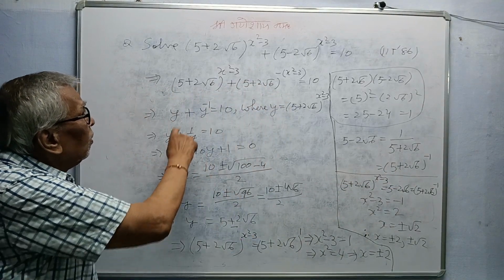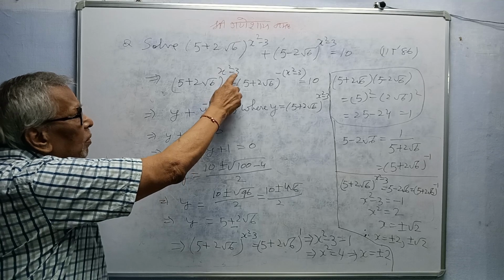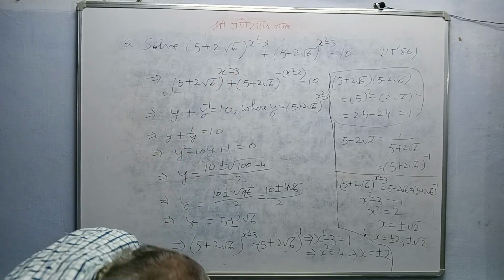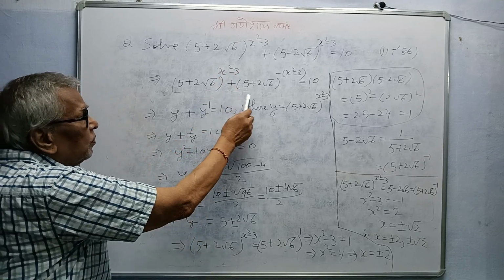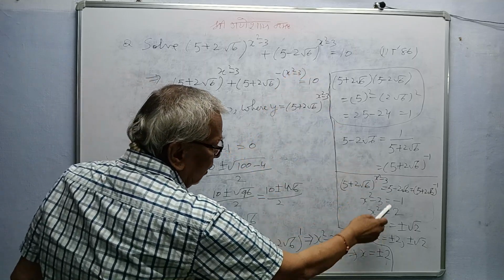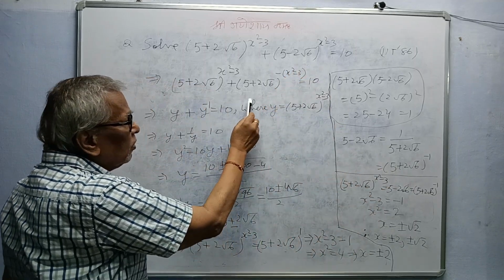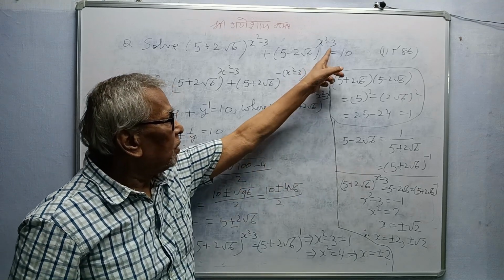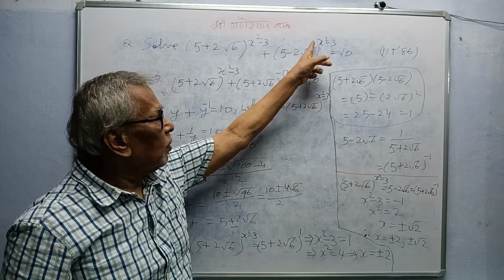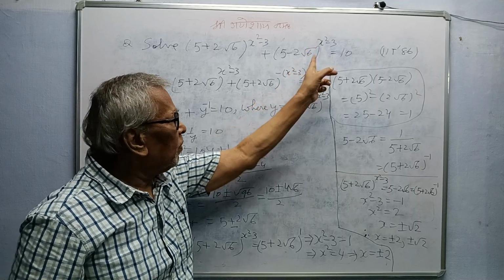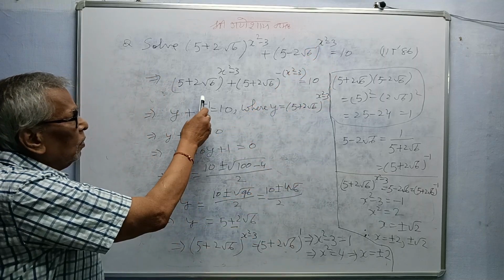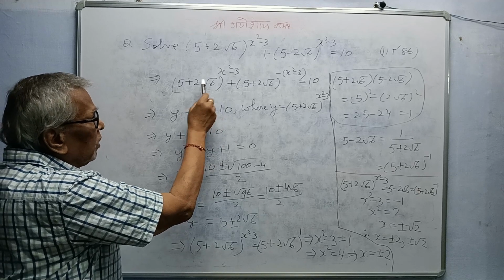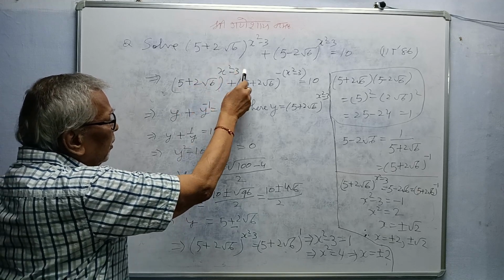Now (5 plus 2 root 6) to the power x square minus 3 plus this can be written in this form: (5 plus 2 root 6) to the power minus 1, so minus 1 multiplied by x square minus 3. Now this can be represented as y.